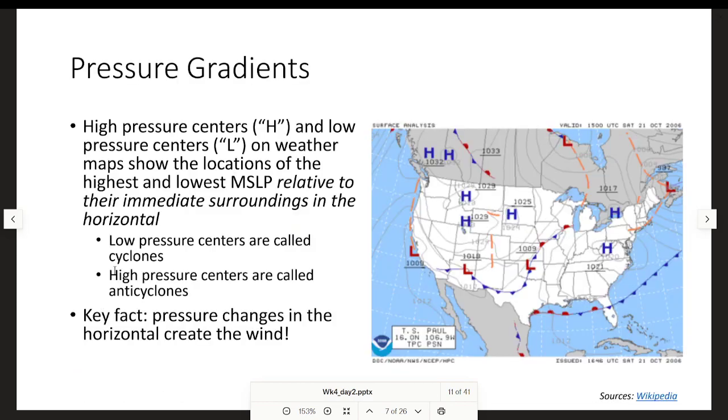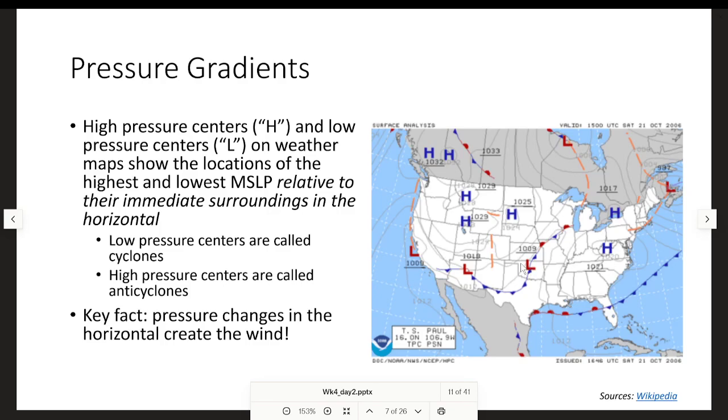Okay. Pressure gradients. So high pressure, H for high, L for low. And this is relative to their immediate locations. So low pressure systems, this is what we like to see. We like low.